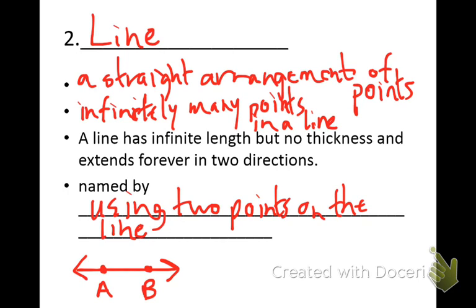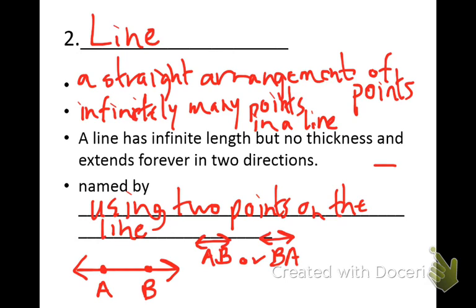So I could call this AB or BA, but it has to have a line symbol above it with arrows. If you just put a dash like that, that means it's a line segment. That's not right. It has to have arrows on it.